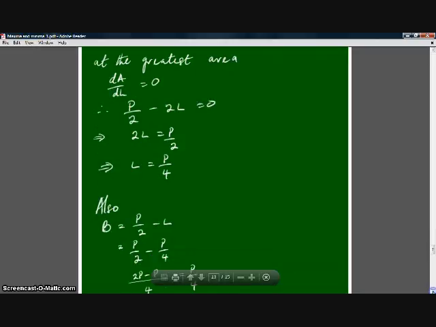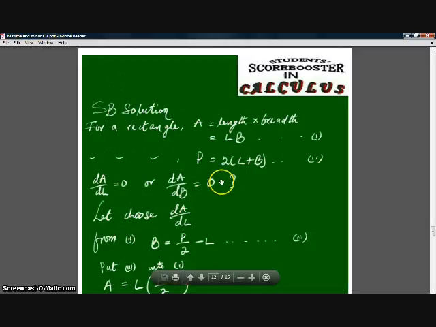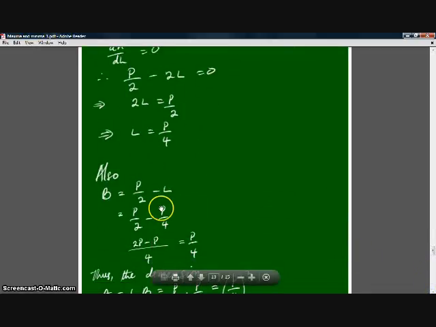So already we have B. From here B is equal to P over 2 minus L. So we can substitute for B, and what are we going to have? B is equal to P over 2 minus L, and our L is P over 4. So P over 2 minus P over 4. Find the LCM and do further simplification. Our B is also equal to P over 4.